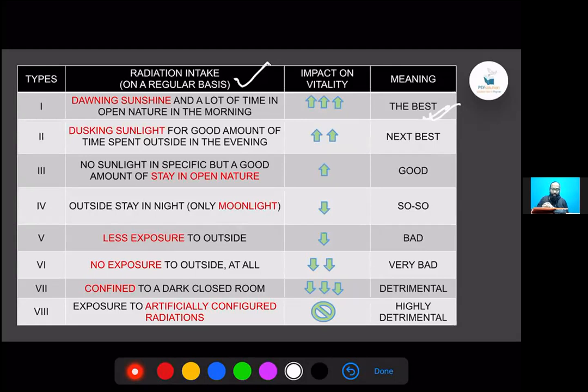Now, I might be in this fifth, less exposure to outside. Slowly and gradually, if you go down, then you will find that the exposure to the radiation is blocked. For example, the last one, the exposure to artificially configured radiation. Suppose a person in the medical profession is working in an MRI scan center, always exposed to artificial radiation.